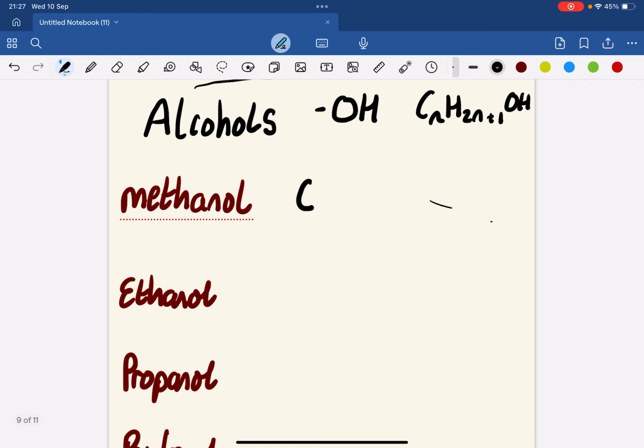So around the carbon there will be 3 hydrogens, and then an OH on there as well, and that would look like something. As we have our carbon there, we have the hydrogens around it, and then that OH functional group.